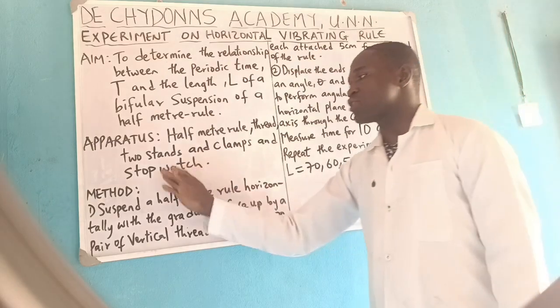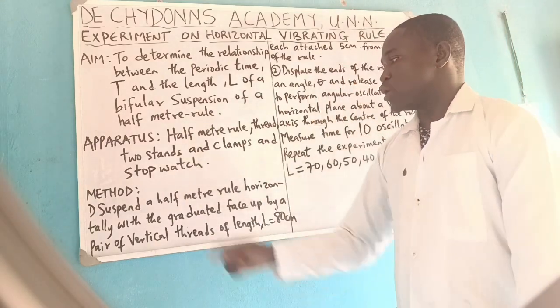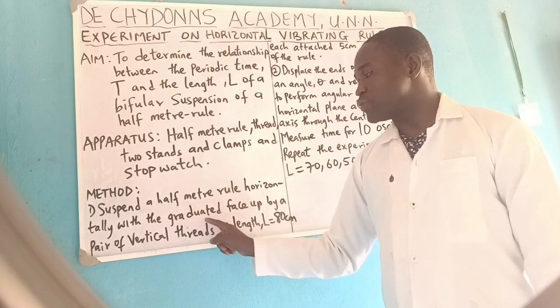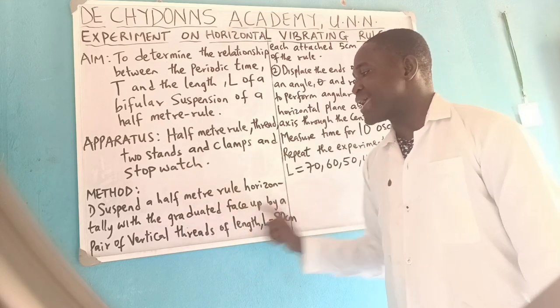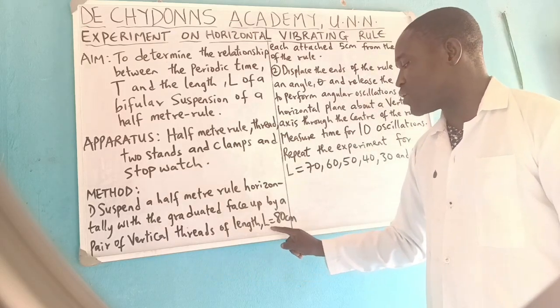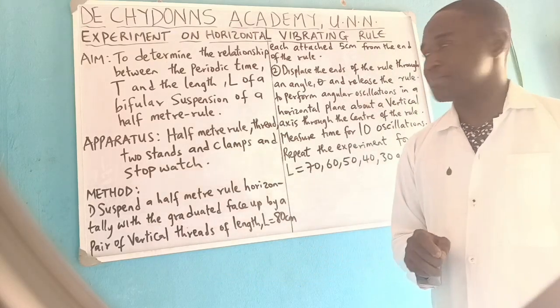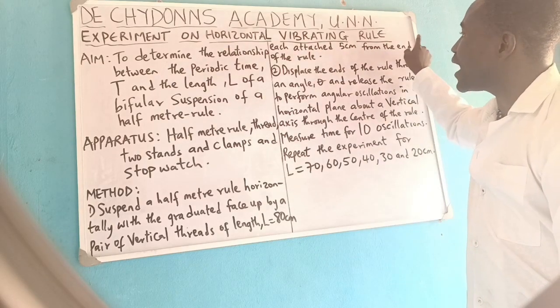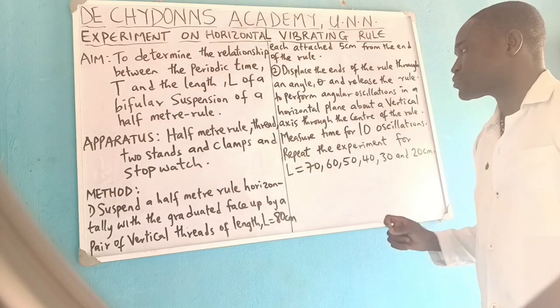Let's go to the method of procedure. Suspend a half-meter rule horizontally with the graduated face up by a pair of vertical threads of length L equals 80 cm, each attached 5 cm from the end of the rule.